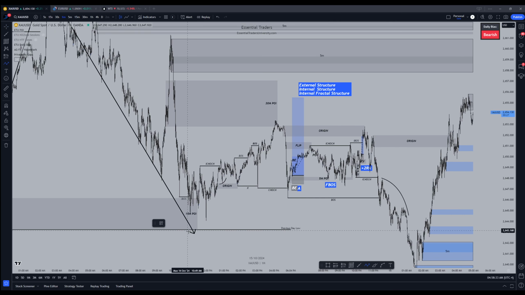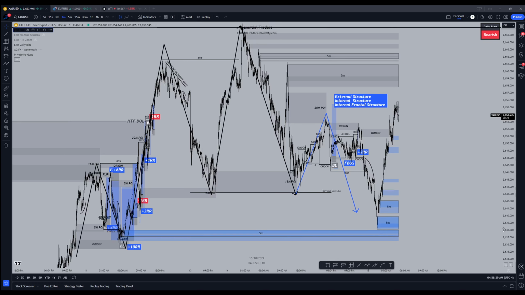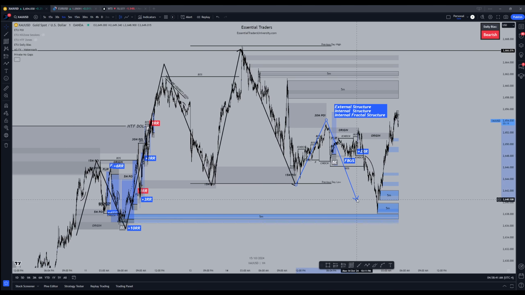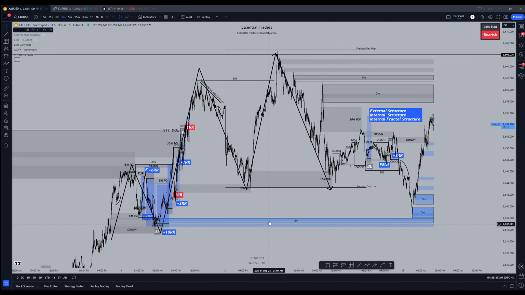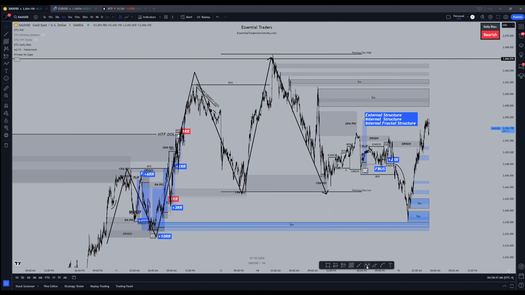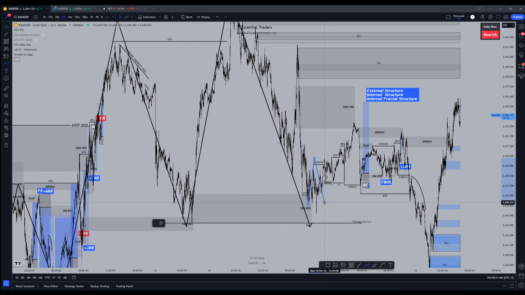And now the puzzle piece is forming. You guys can see this is what structure is looking like now. Now keep in mind, every time frame has its own objective, right? So on the 15-minute, its objective was the high, but temporarily it changed due to 1-minute structure creating its own objective.